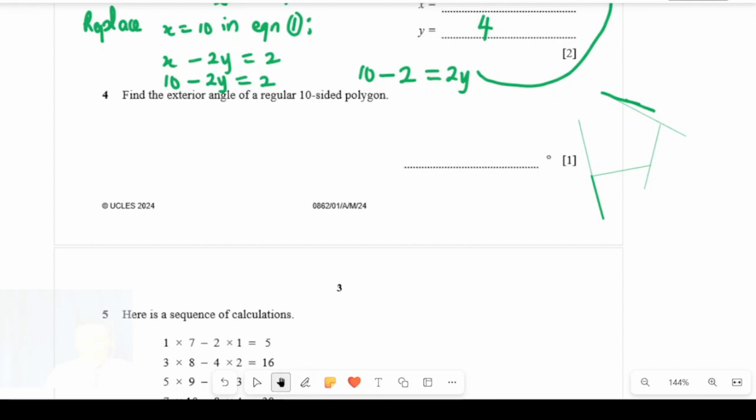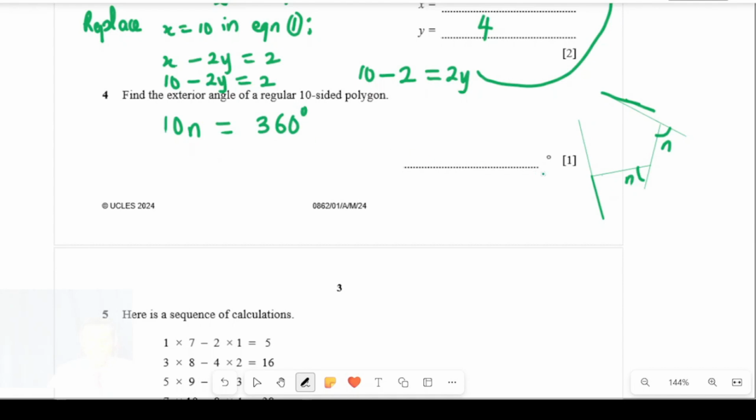Now what this means is, if here is n, here is n, when you add all these numbers together for an n-sided polygon, since there are 10 sides, that means 10 times the exterior angle is equal to 360 degrees.